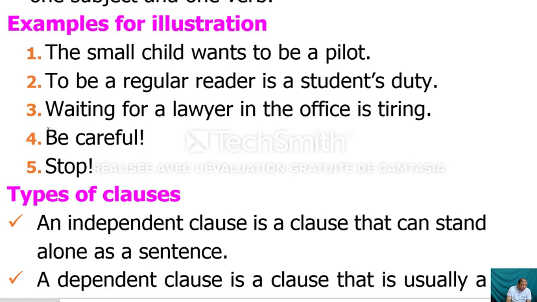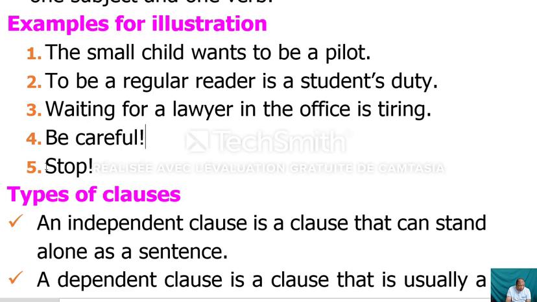That addressee is clear, it's understood, but we should not write it. We don't say you be careful. We have be careful, and the subject is understood. It should be put here. And here we have the verb to be and an adjective, subject complement.